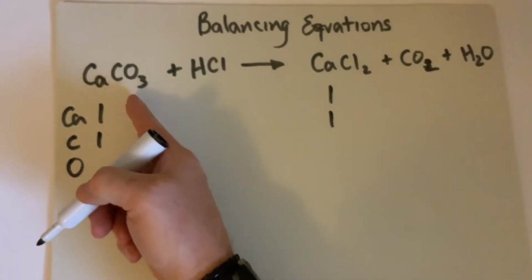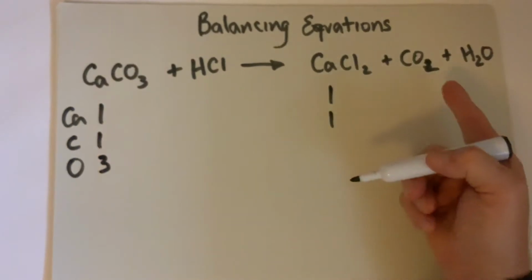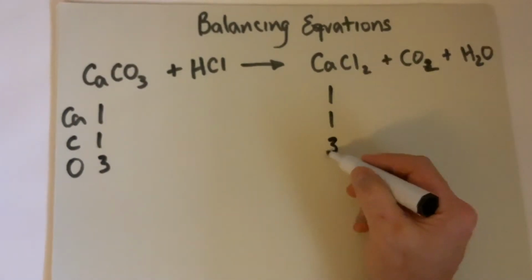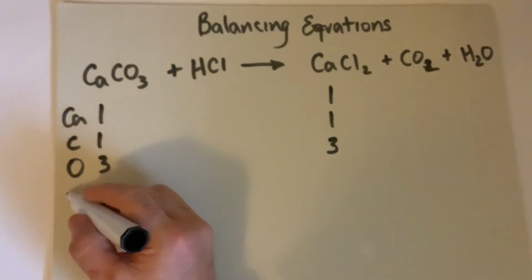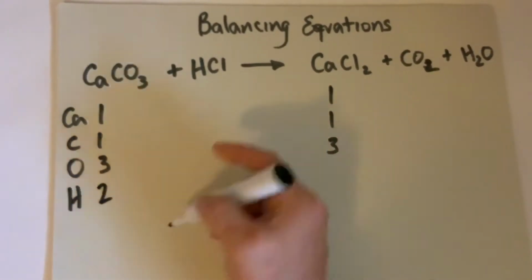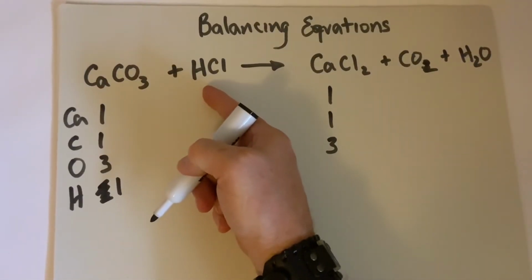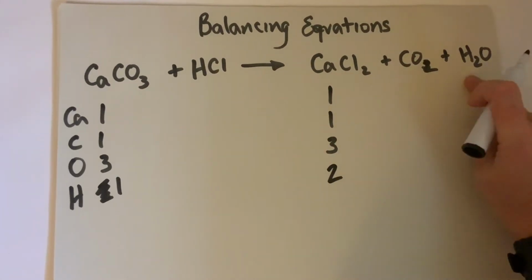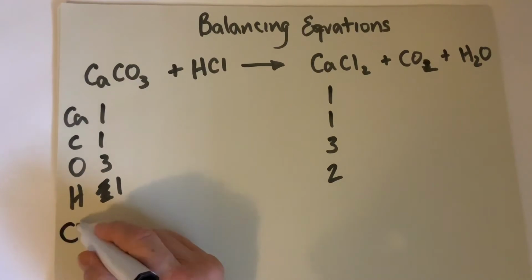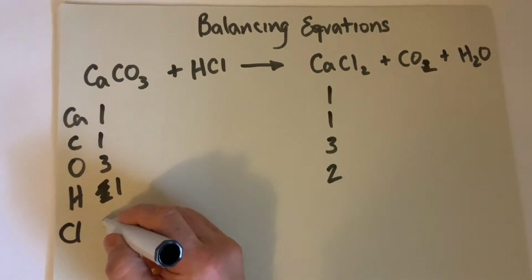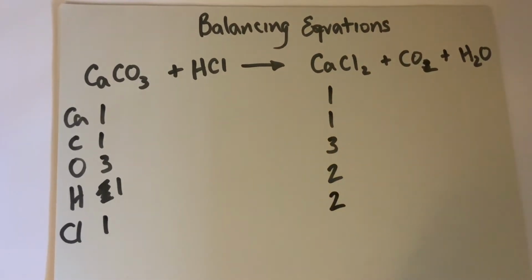Oxygen, we have 3 on the left-hand side, the reactant side, and 3 on the product side. Hydrogen, we have 1 on the reactant side and 2 on the product side. And then chlorine, we have 1 on the reactant side and 2 on the product side.